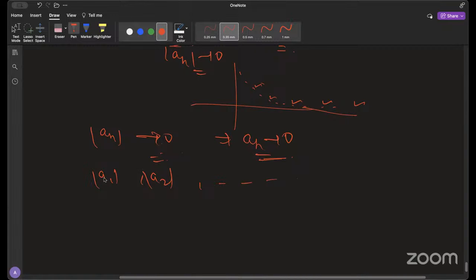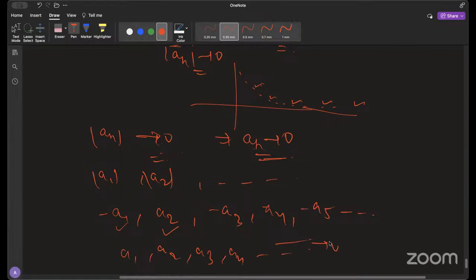If this thing is going to 0, either this is a positive thing or this is a negative thing, right? Correct. Let's just say that this is the original thing. And to keep things simpler, we'll take alternating signs here. I just have this thing that the first term was negative, then the second positive. Let's just say this is the actual thing, an. And then if you take the mod, you will just have a1, a2, a3, a4, and so on.